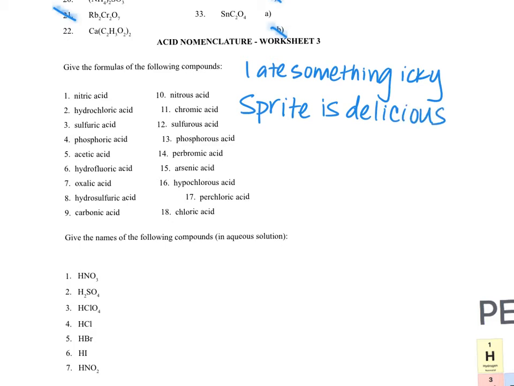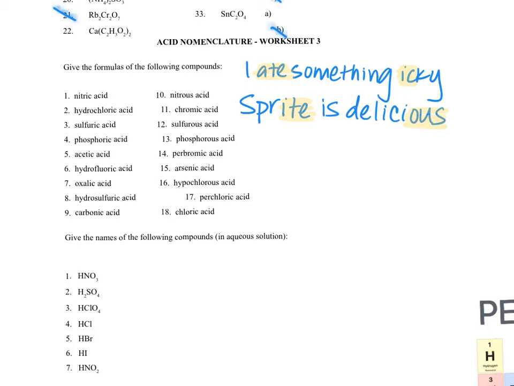I'm going to highlight what's important about that. Ate and ick, ite and us. What that means is that if the ending of what's called an oxoacid is an IC, that means the original name had an ATE ending.